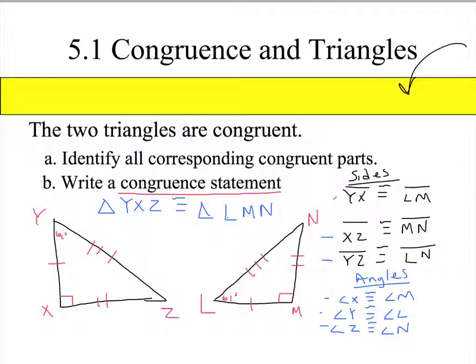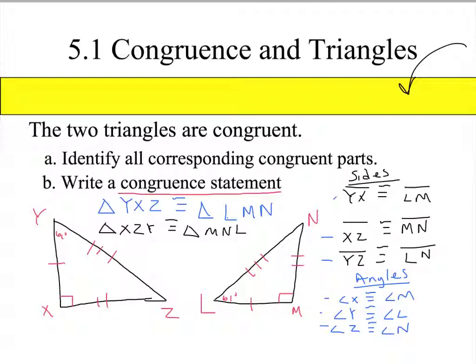The other two statements would also be true, because there are three congruent statements that you can have. You can also do triangle XZY is congruent to triangle MNL. X is congruent to M, Z is congruent to N, Y is congruent to L. Okay, and all your sides would also work.